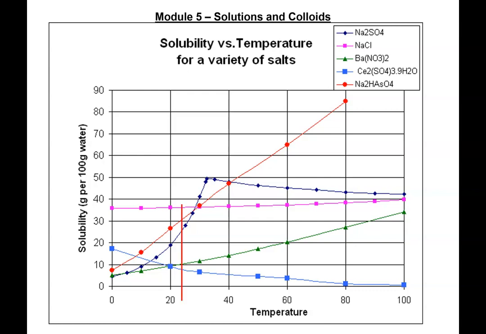So the first thing we're going to do is figure out that room temperature, which would be roughly 72 degrees Fahrenheit. That's about 22, 23 degrees Celsius. I'll leave it to you to do that conversion, but we can just draw a red vertical line, which establishes where our temperature is, and see where it intersects with our barium nitrate curve.